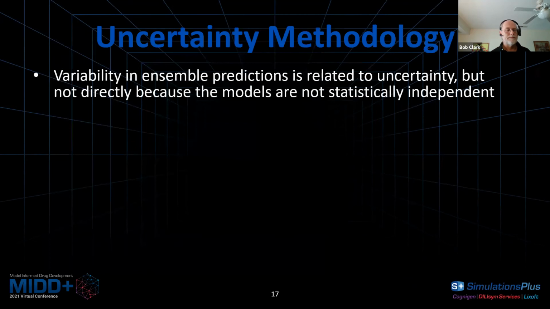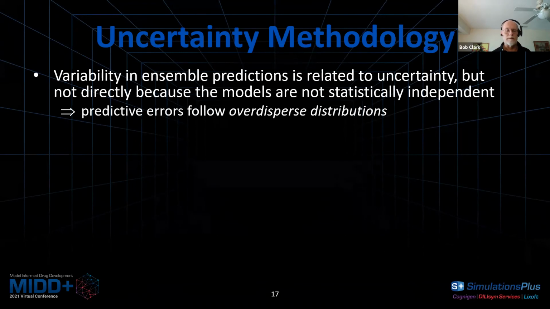Now, variability in ensemble predictions is related to uncertainty, but not directly because the models are not statistically independent. It turns out that the predictive errors follow over-dispersed distributions. That's a subtle but important statistical point.